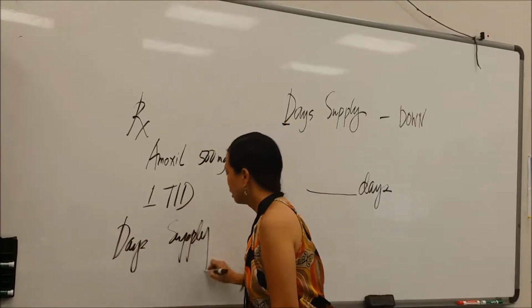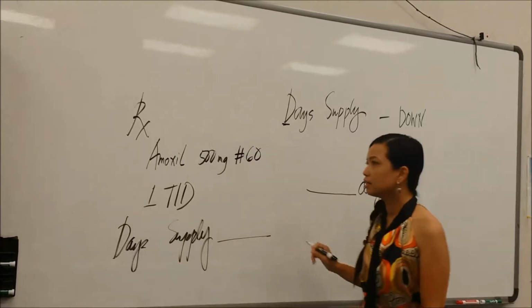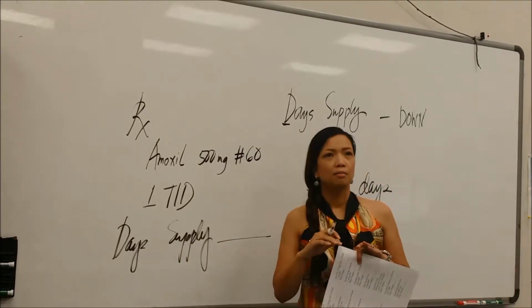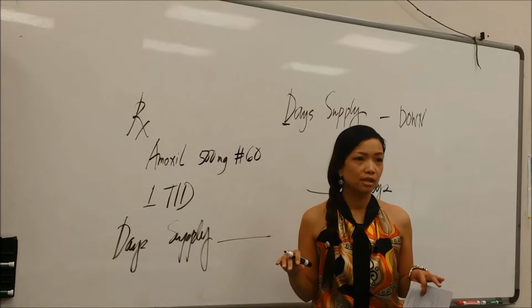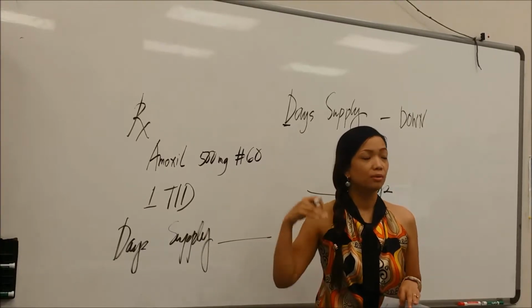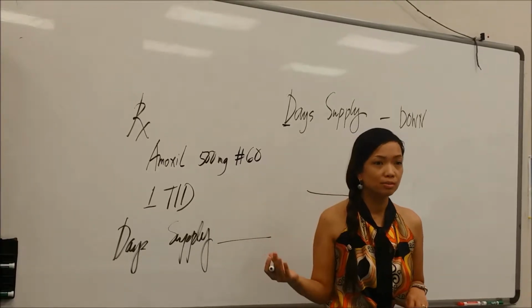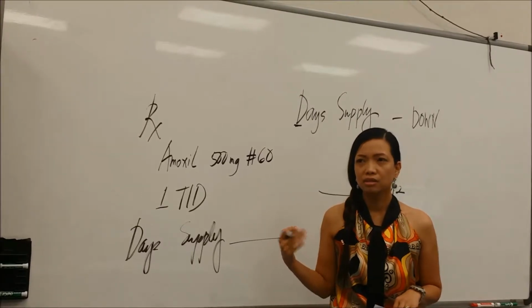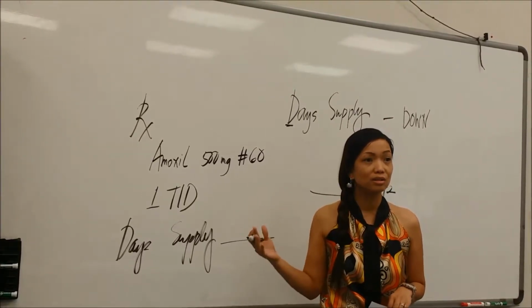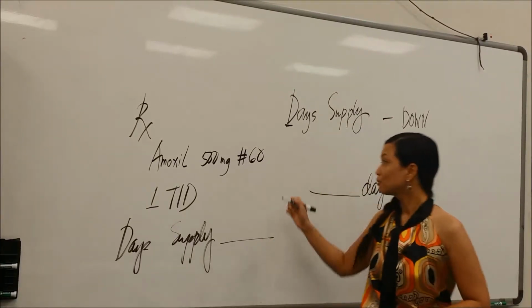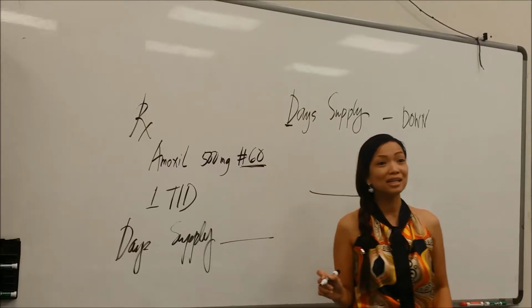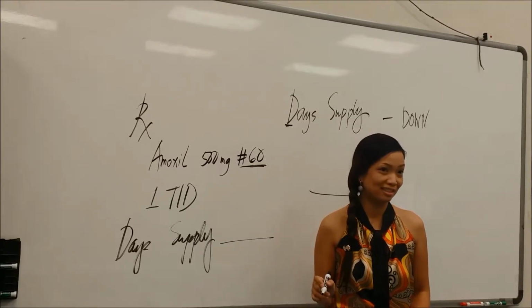Okay. This is what I always say. In the test, there's a general instruction, most of the time I notice on the finals: compute for day supply or quantity to be dispensed. And students come and ask me, Miss, how do we compute for day supply and quantity to be dispensed? Here's a tip. Once you see this quantity, you're not being asked for the quantity to be dispensed.